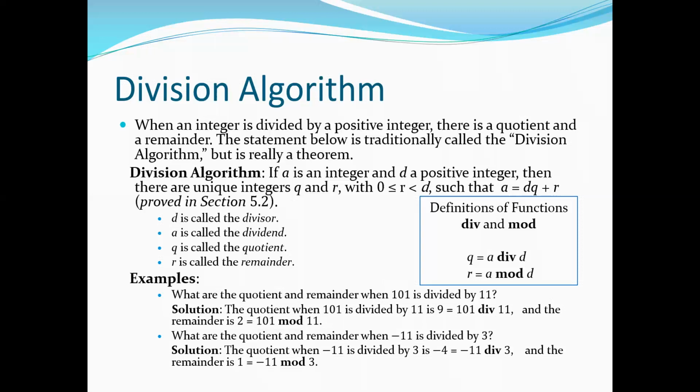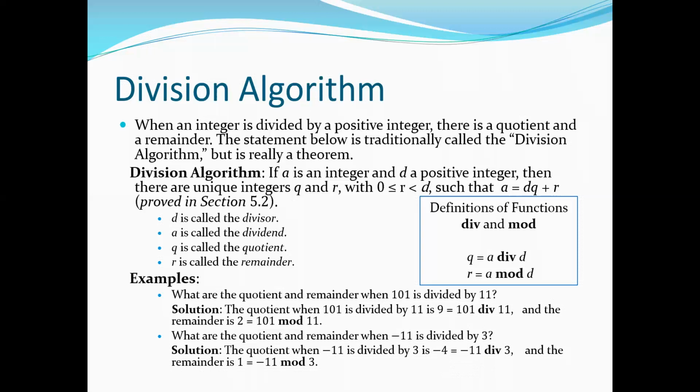So this will be the result. Negative 11 divided by 3 is negative 4. Why negative 4? Why not negative 3? Because if we use negative 3 here, what will be the remainder?